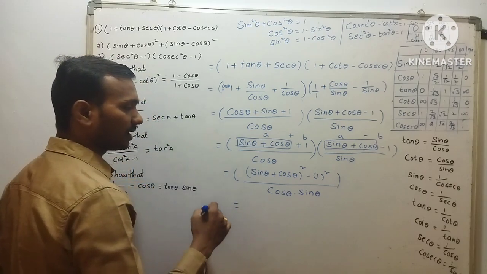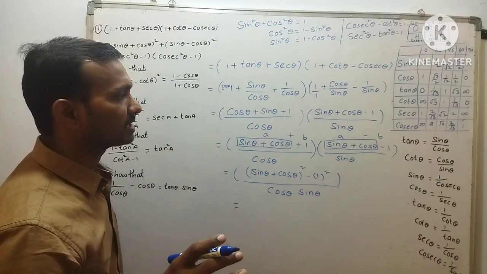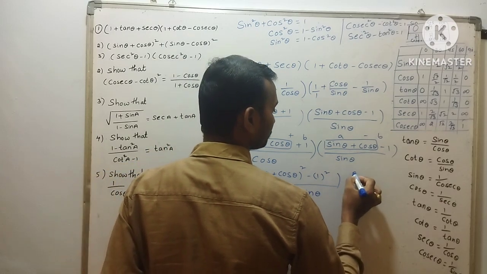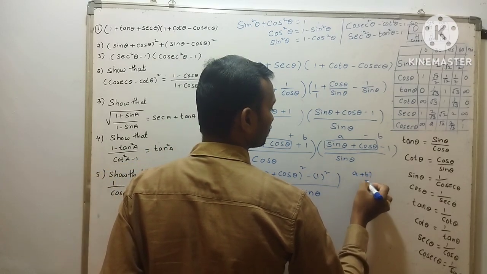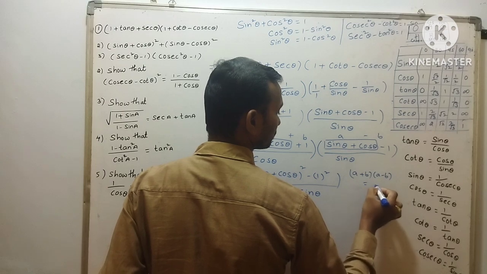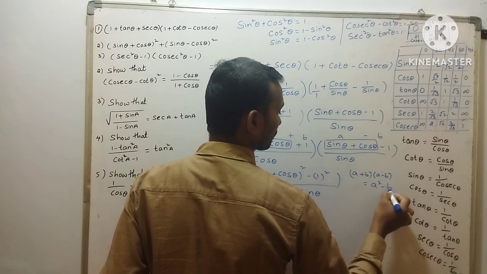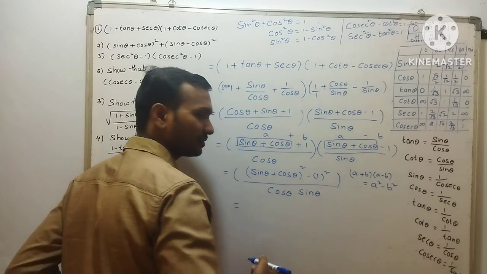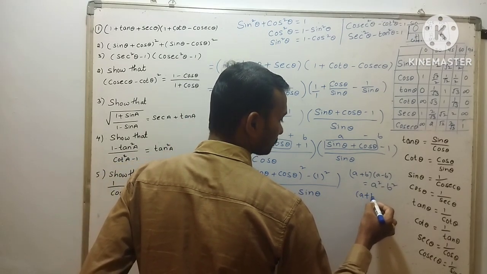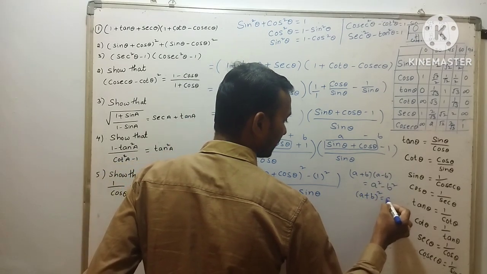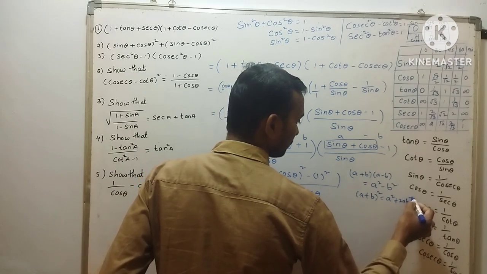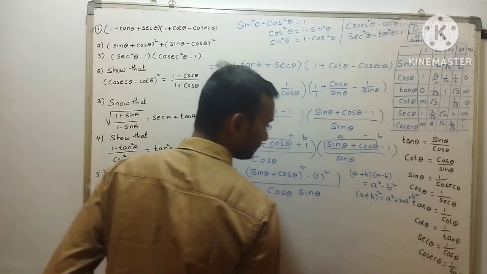So we know the formula of a plus b whole square, a square plus b square plus 2ab. So now this is the formula of a plus b into a minus b. Next, a plus b whole square, that is nothing but a square plus 2ab plus b square.